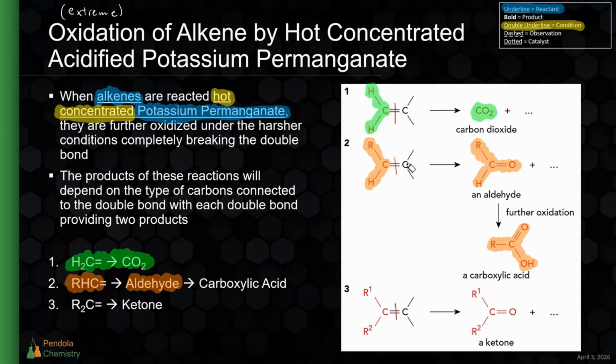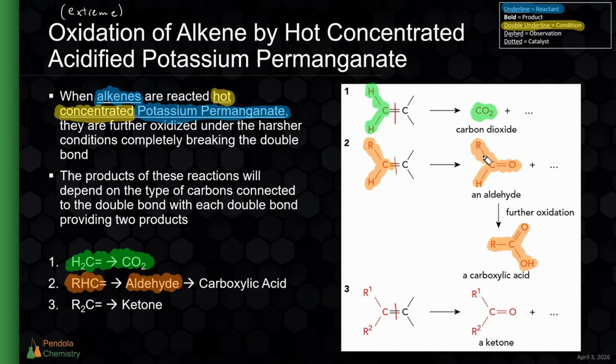So if there's a carbon on the double bond that has a carbon chain and a hydrogen on it, that carbon gets oxidized into an aldehyde, which, because it's sitting in the potassium permanganate, is further oxidized into a carboxylic acid. This happens a bit like a two-step reaction because we're not separating that aldehyde from the reactants.